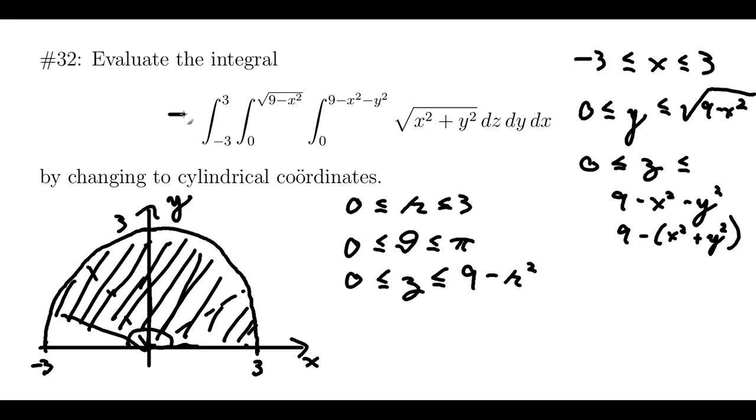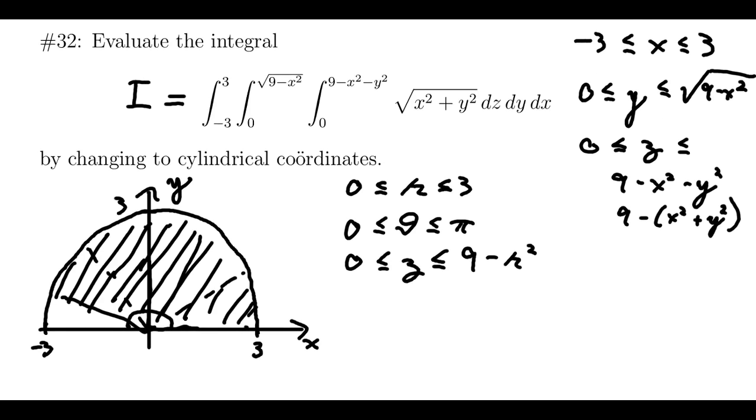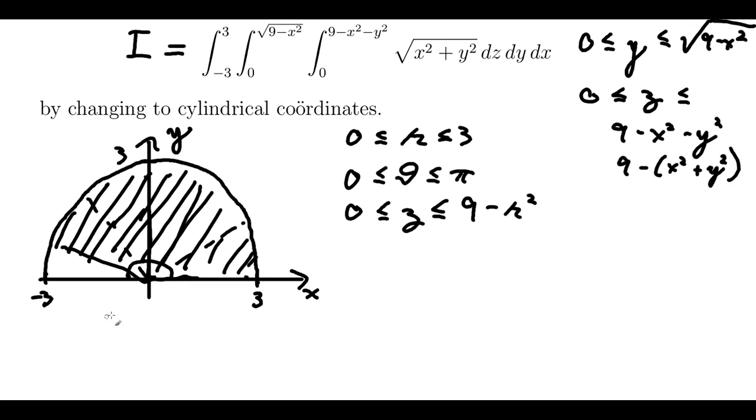So if we call this integral I for convenience, we can now say that the original integral I is equal to, now rebuilding this in cylindrical, let me leave myself plenty of space.